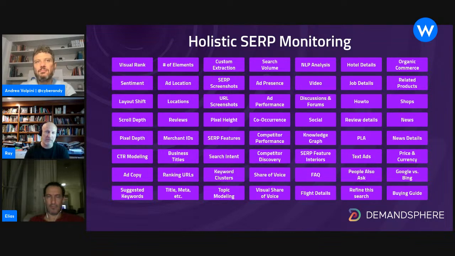And then obviously with zero-click search results, a lot of times they won't even click onto your site. So really understanding the entire picture of that and how that affects your business or your clients is a big deal. This is something that we're increasingly hearing people talk about, and I don't think we coined this term, but holistic SERP monitoring is really the way things are moving.